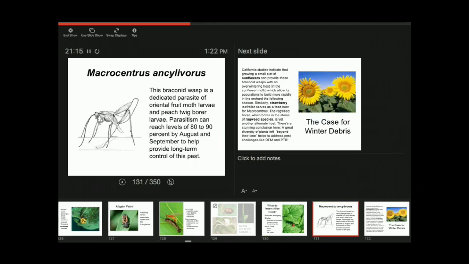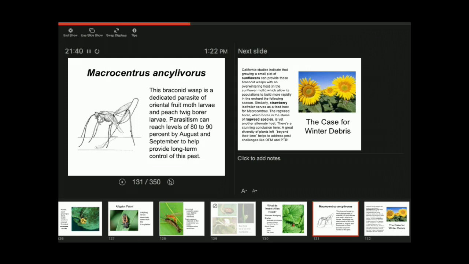So here's one of the versions of what that looks like. This Braconid wasp, Macrocentrus, is a parasite of the oriental fruit moth. So when we get into the insects, I'm going to distinguish between moths that are surface feeding caterpillars and moths that are internal feeding, going into the fruit to feed.